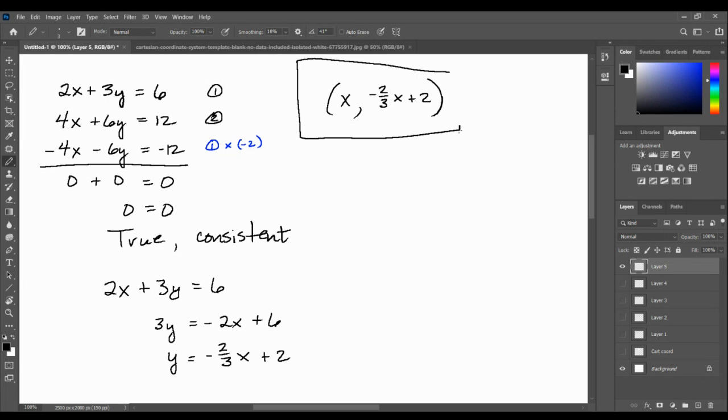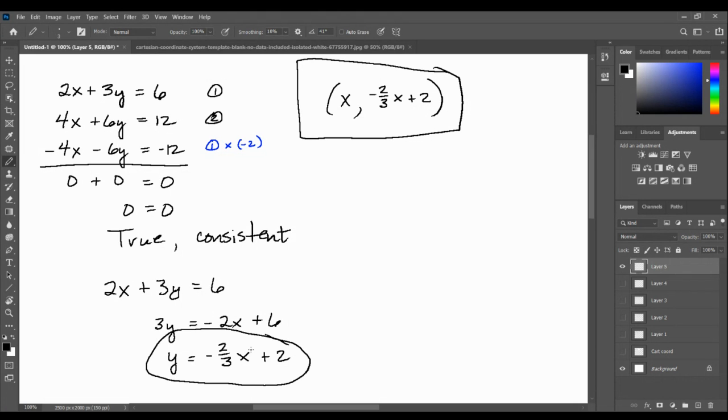That's how you write the solution to consistent dependent systems, meaning it's one line right on top of the other. You just have x be whatever you pick, and then y becomes the equation you get when you solve for y.